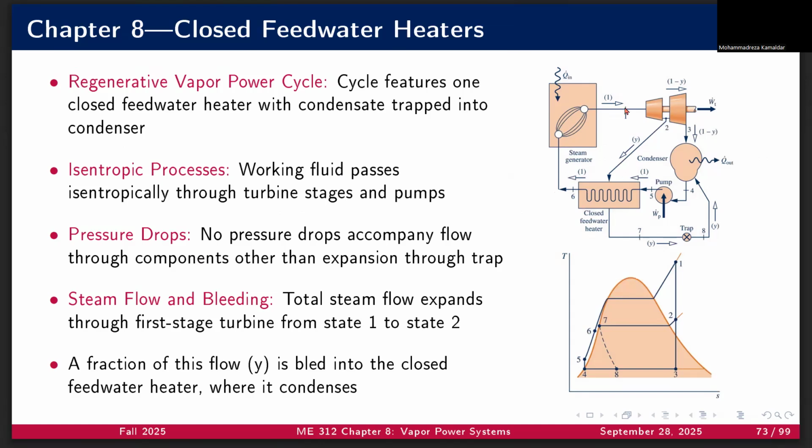So the pressure for the boiler section is constant, for example. And the pipes, the steam generator, the condenser, and the feed water heater operate at constant pressure, except the pressure drop that we have for this trap, state 7 to state 8.